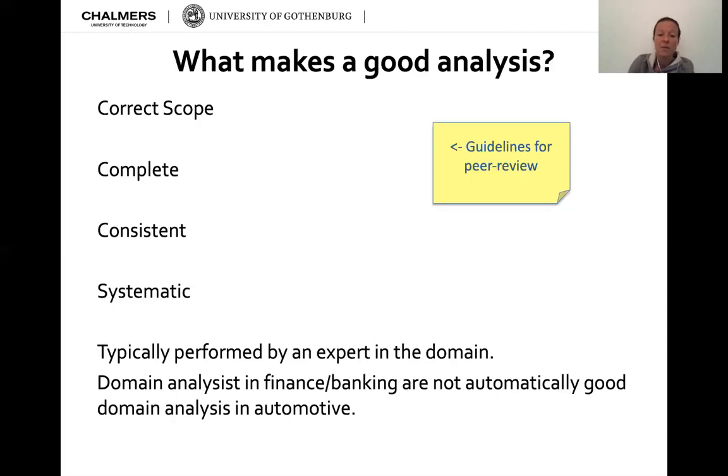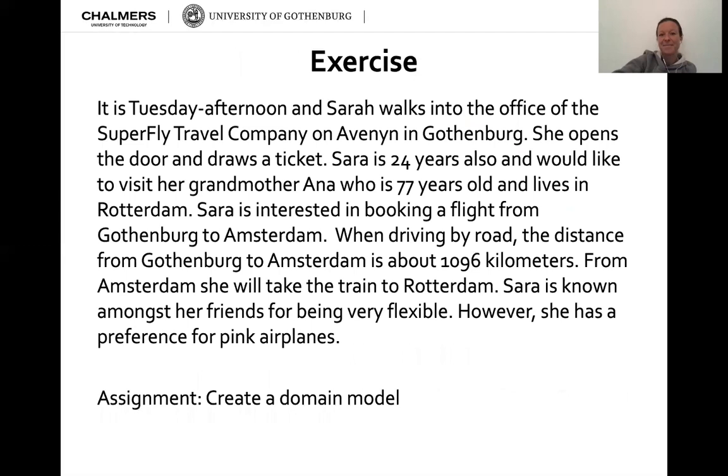That very same domain analyst in finance or banking would then also not automatically be good at doing domain analysis in automotive, because they may or may not be interested in automotive. They may or may not have ever looked into what it takes to build a car or even to repair a car. So try to get as good a domain expert to talk to as you possibly can.